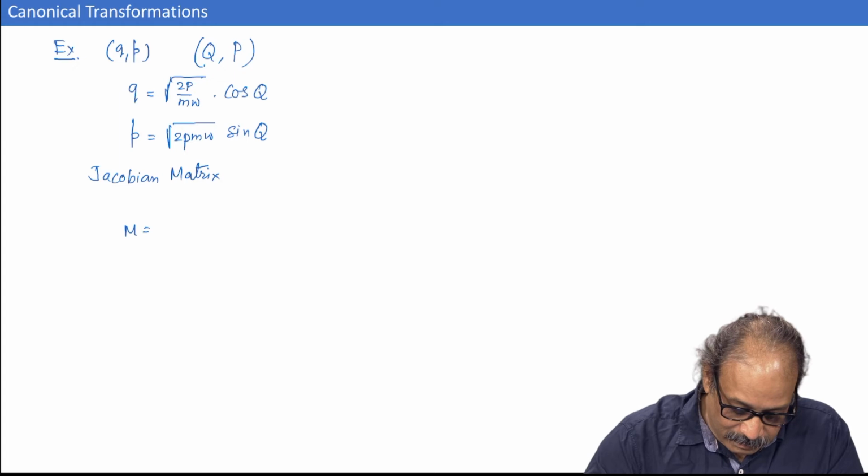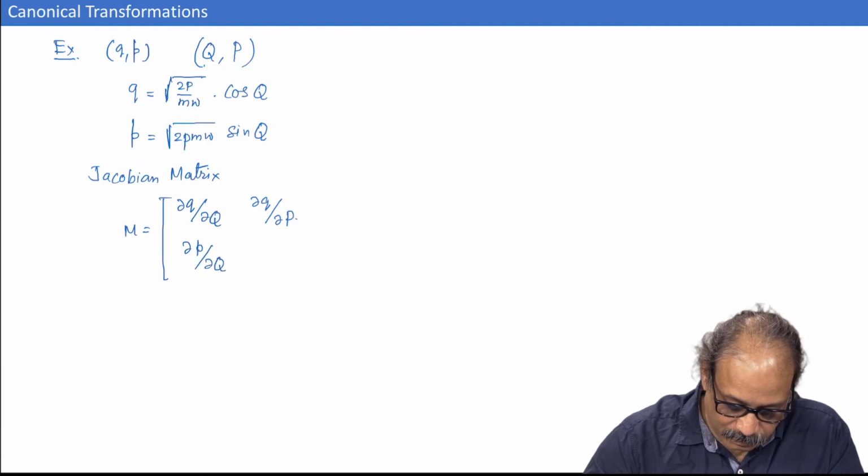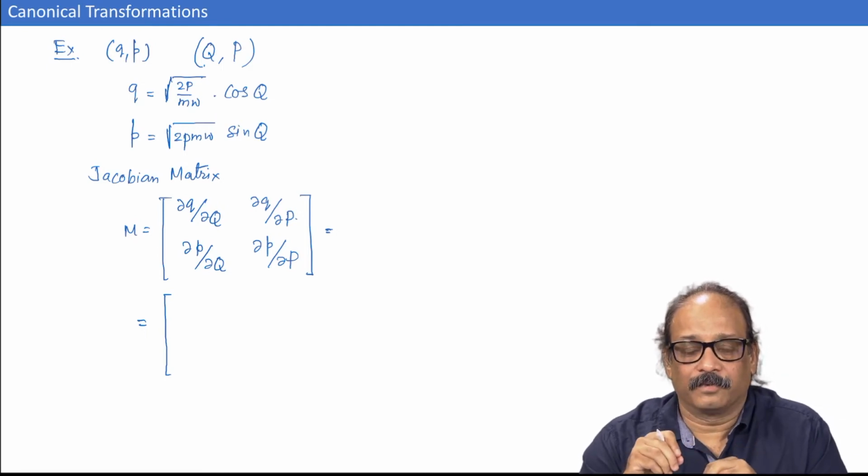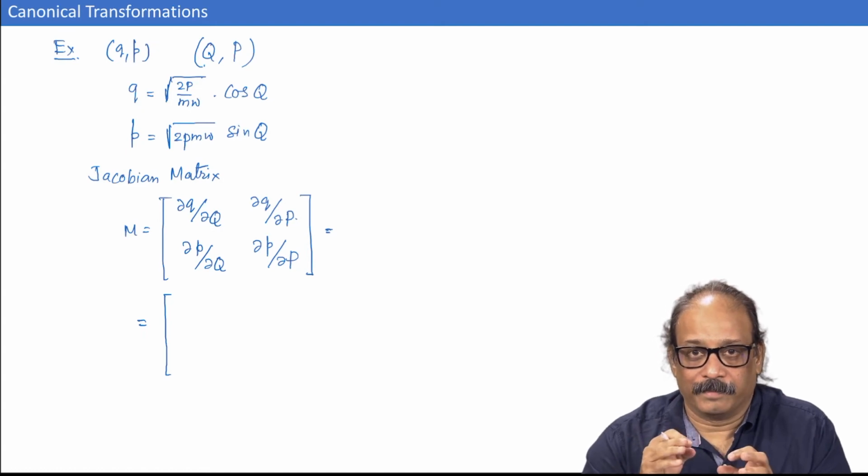So, in the Jacobian matrix what we get is the partial derivative of q with respect to capital Q, the partial derivative of q with respect to P, then the partial derivative of p with respect to Q and the partial derivative of p with respect to capital P. I will write down all these entries here, but I am going to leave the actual calculation of M J M transpose equal to J to you people again.